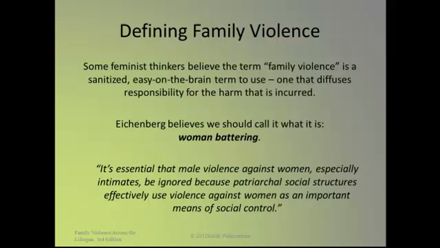Eichenberg and other feminist authors believe that male violence against women, especially intimates, has to be addressed, because patriarchal social structures effectively use violence against women as an important means of social control. Eichenberg points out that when you look at the system that monitors and manages family violence, the law enforcement officers who respond to domestic violence calls are almost always male.